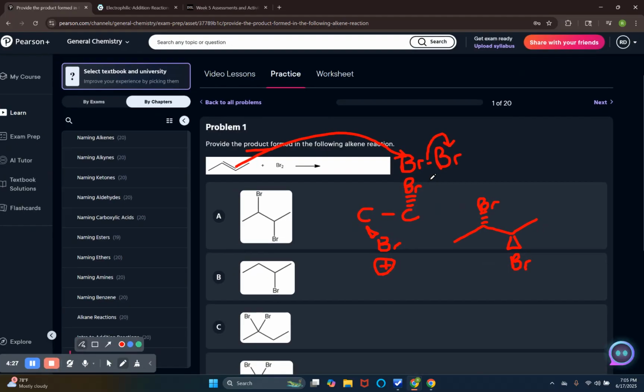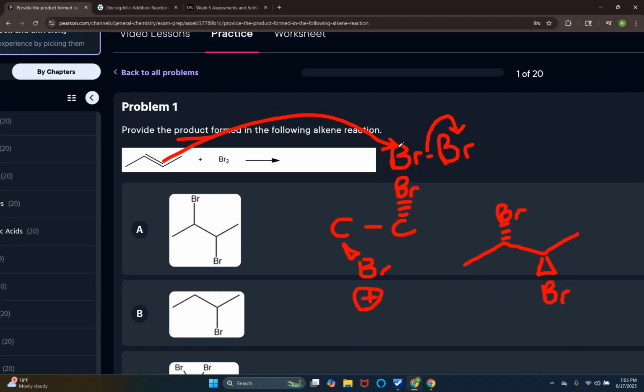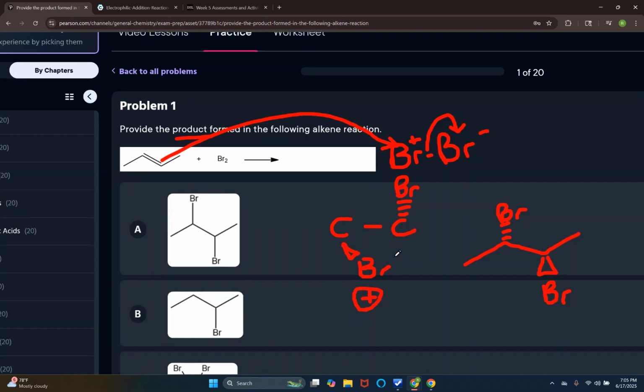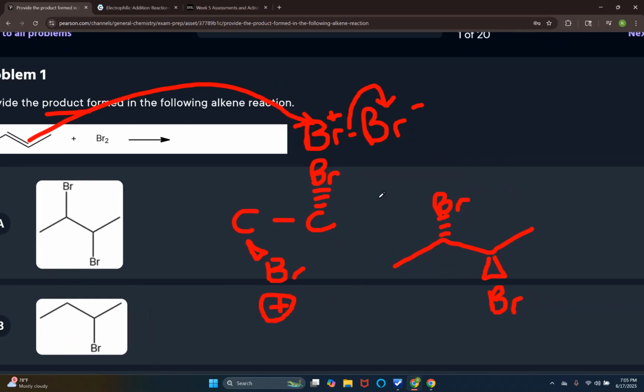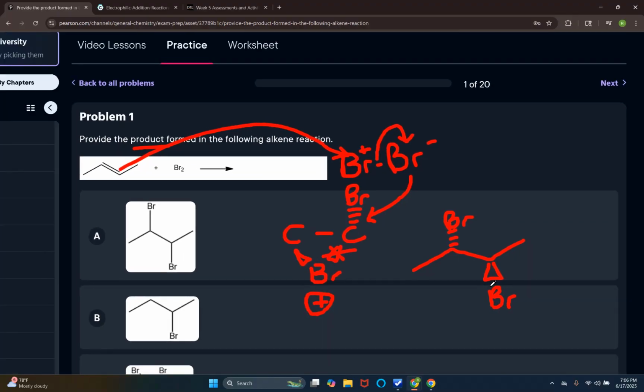But to summarize, the double bond attacks one of the bromines, kicks off the electrons onto the remaining bromine, making this minus and this plus. This creates a strained ring between the two carbons, and then a bromine minus attacks from the back because, remember, the front is totally blocked by the wedges coming out, and that makes this go away, and it becomes a wedge in the front and a dash in the back, or vice versa.